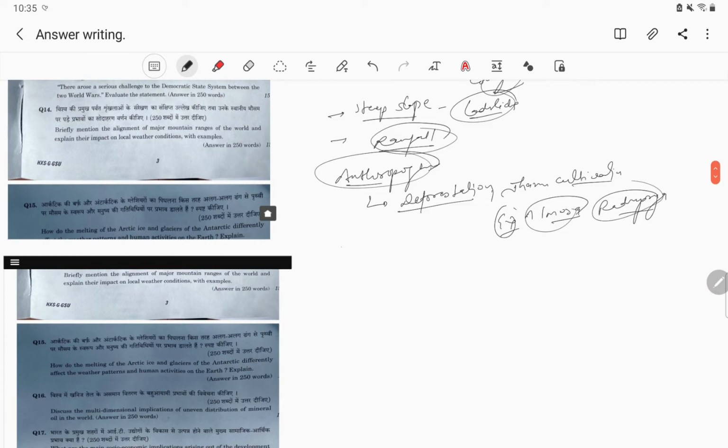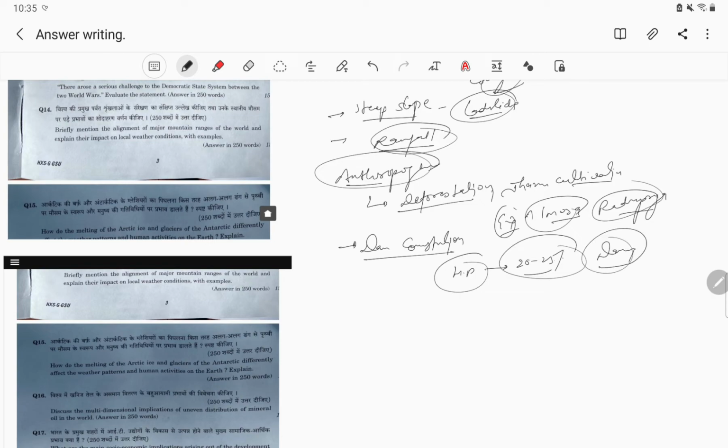After that, dam construction. Very important factor. Taking example of Himachal Pradesh, alone Himachal Pradesh constitutes 20 to 25% of India's dams. So this will create again a problem.